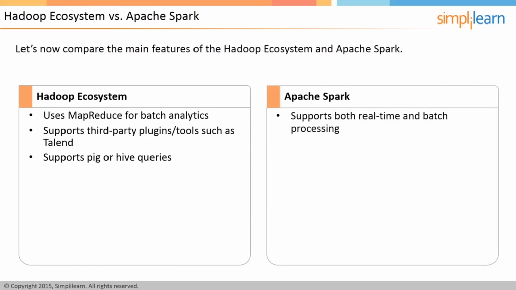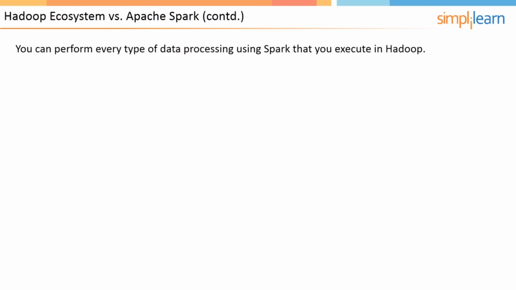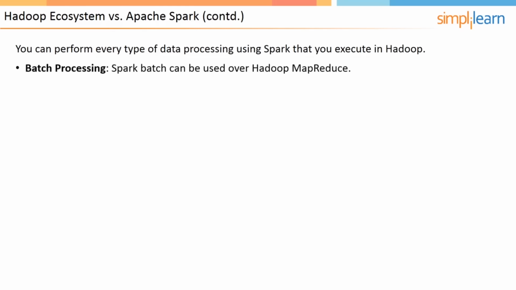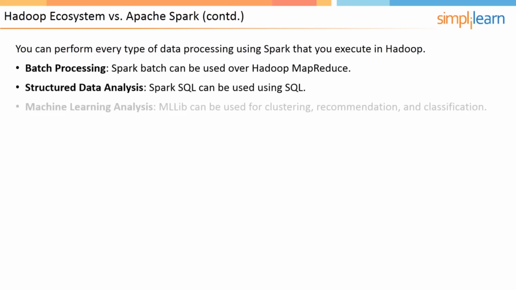For machine learning analysis, the Machine Learning Library can be used for clustering, recommendation, and classification. For interactive SQL analysis, SparkSQL can be used over Stinger, Tez, and Impala. In addition, for real-time streaming data analysis, Spark Streaming can be used over specialized libraries like Storm. A summary of this comparison is also given in the table shown on the screen.